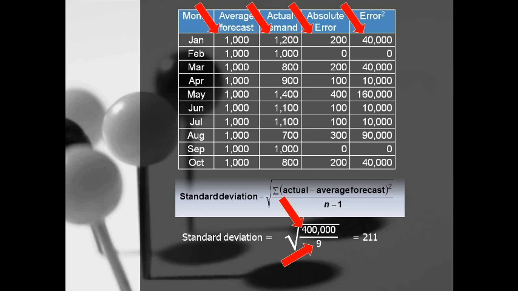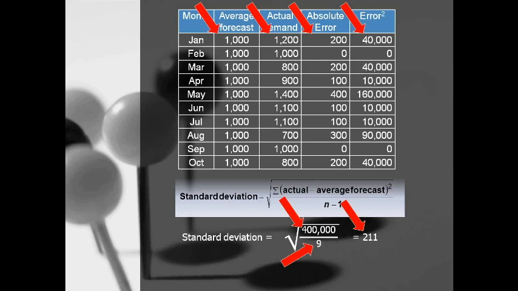It maintains the integrity of the data. So you divide 400,000 by 9. The result of that calculation is 211, the standard deviation from the average forecast of 1,000.